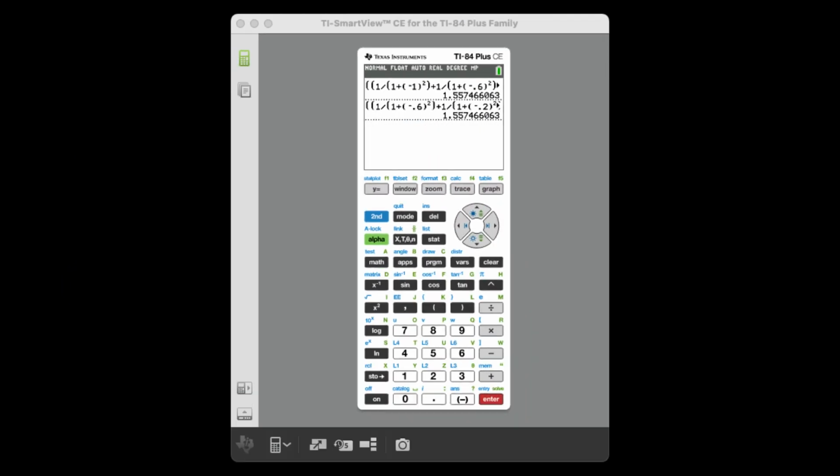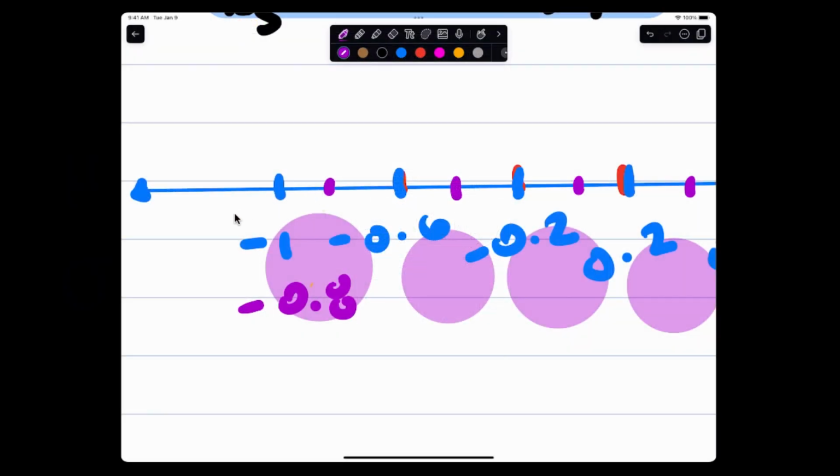It's the average. -1 plus -0.6, divide by 2, gives you -0.8. So that's why I put -0.8.